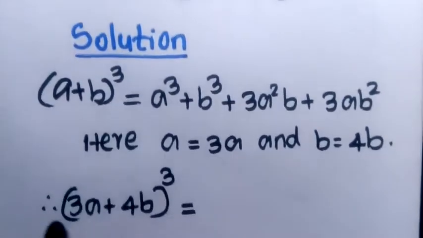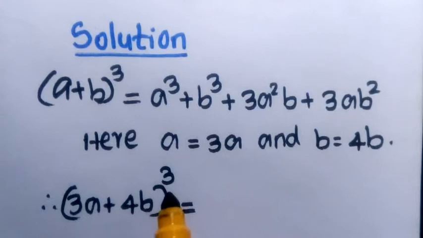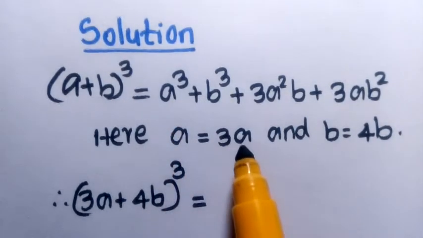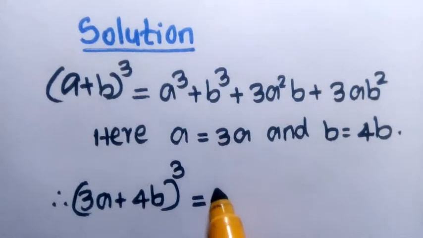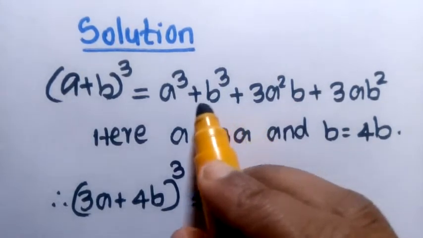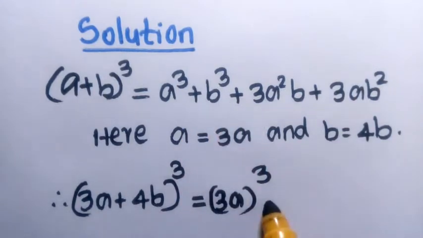Therefore, (3A plus 4B) the whole cube is equal to A cube. A is 3A, so (3A) the whole cube, plus B cube.